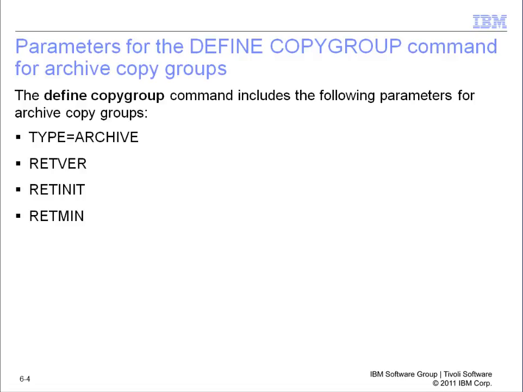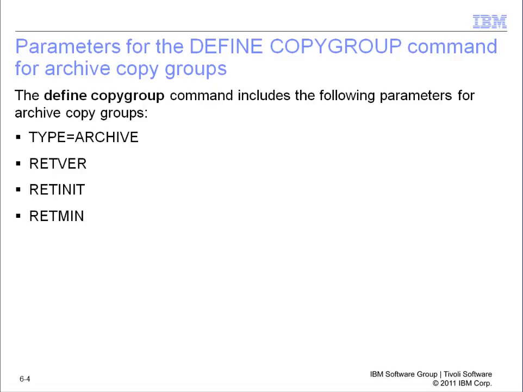Parameters that are specific for archive copy groups. Type equals archive. Retver, which is the number of days you're going to keep an archive copy. By default, it's 365. You can also specify a different value or no limit.